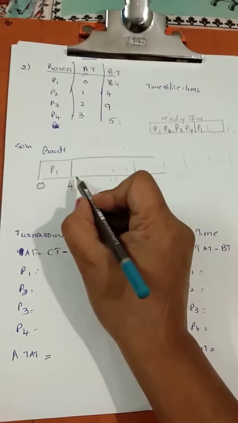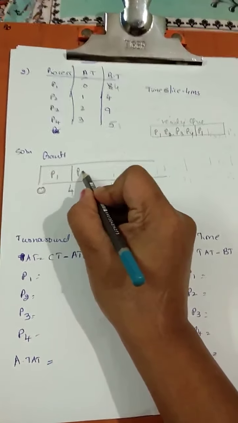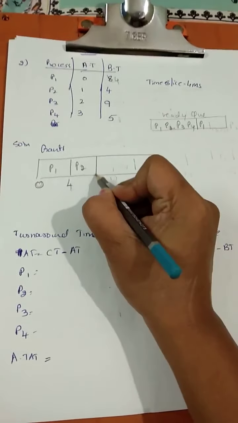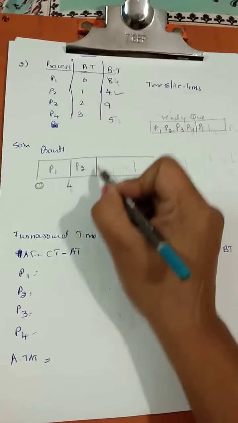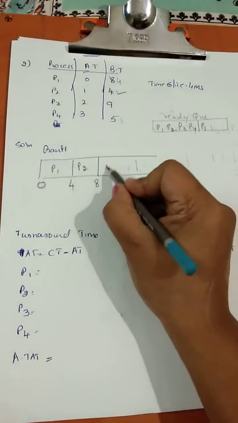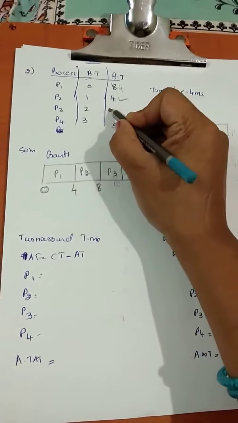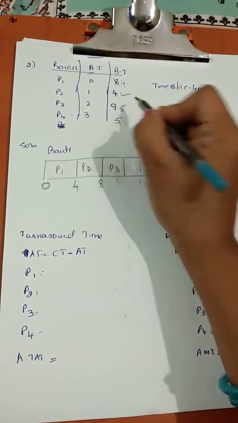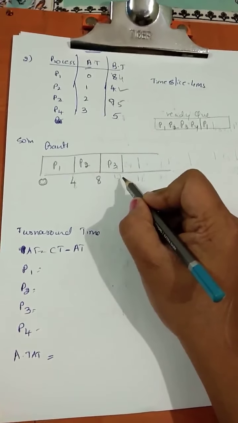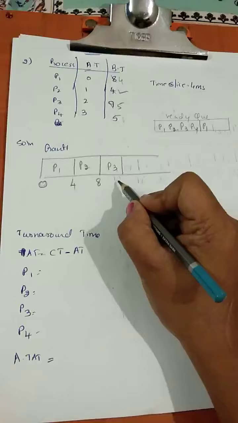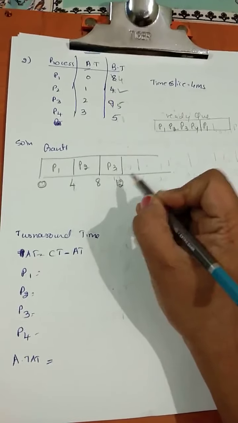So let us start writing here. After P1, according to the ready queue, P2 will be scheduled. So this will complete its job, it is 8. Then P3 comes here. P3's remaining job is 5. If I allow it to execute for 4 milliseconds, how much will it be? 12. Okay.